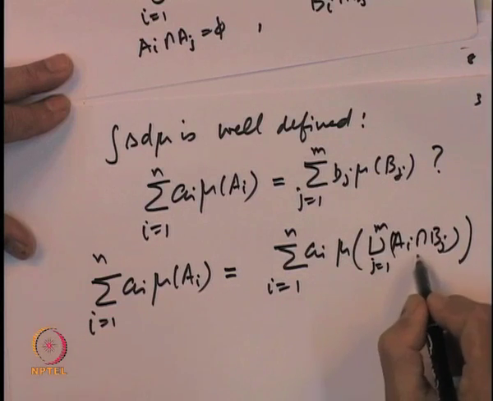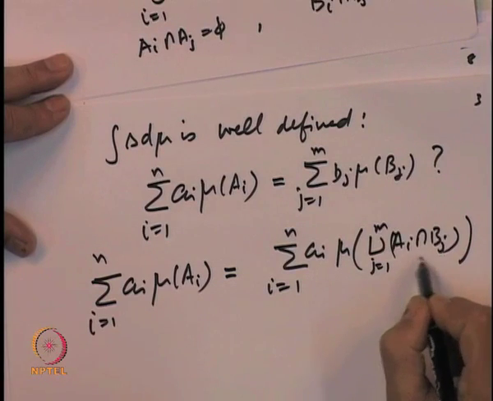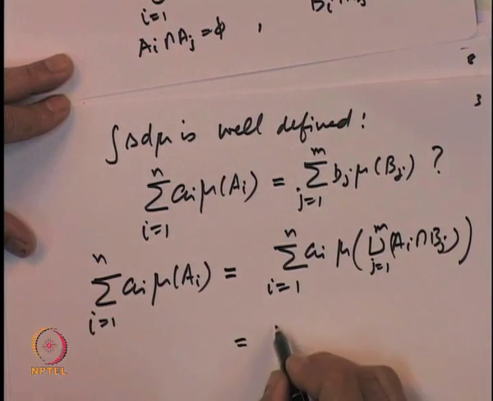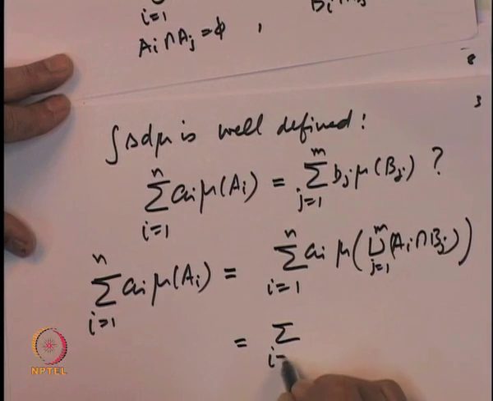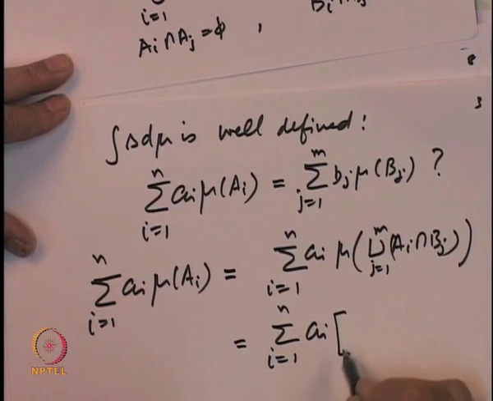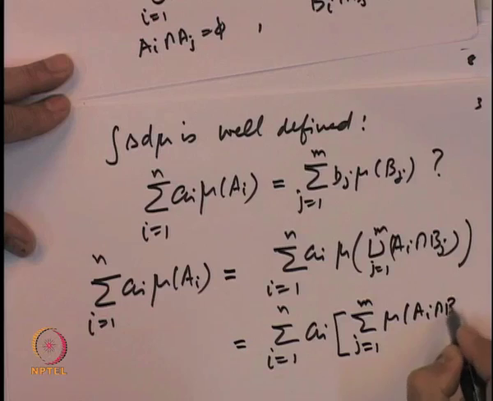Now, the B_j's are disjoint. So, these sets A_i intersection B_j for i fixed are disjoint. So, by using the finite additive property of the measure, this is equal to the sum over i equal to 1 to n of a_i, and this is nothing but the sum over j equal to 1 to m of μ of A_i intersection B_j.